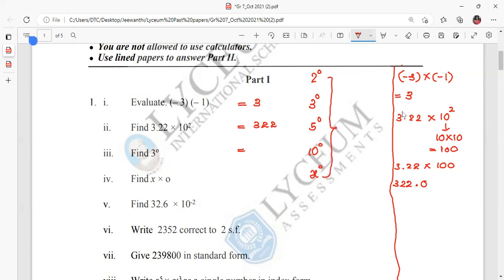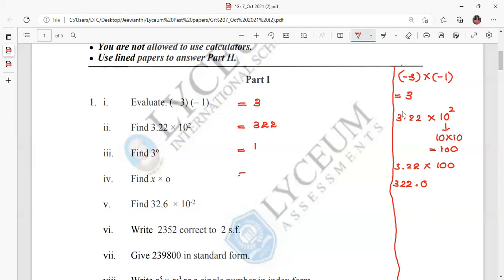If the index is 0, the answer will be equal to 1. Whatever the base value, maybe 2, 3, 5, 10, or x, y, l, m, anything. If the index is 0, your answer will be equal to 1. That is the theory they are testing here. Therefore, straight away, you can write the answer here, children. It is 1.